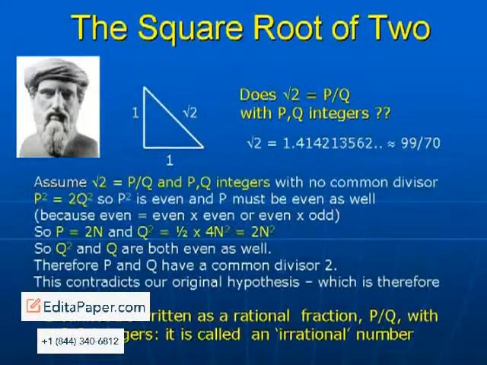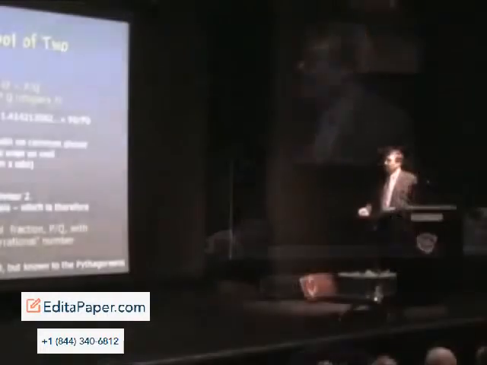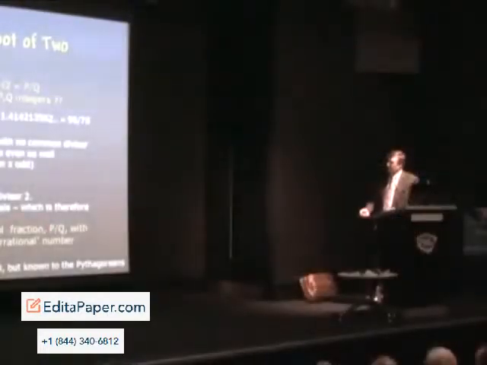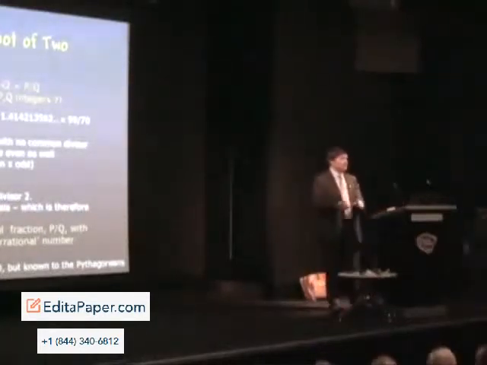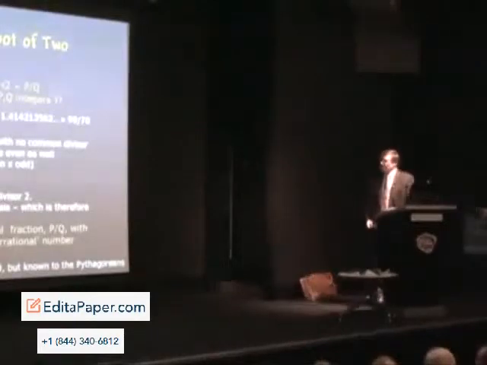So we've proved that both p and q have to be even numbers, so they're both divisible by 2, so our original assumption that p and q had no common divisor was incorrect. So we have a contradiction with that initial assumption. So it is not possible to write the square root of 2 as p divided by q with p and q having no common divisors.